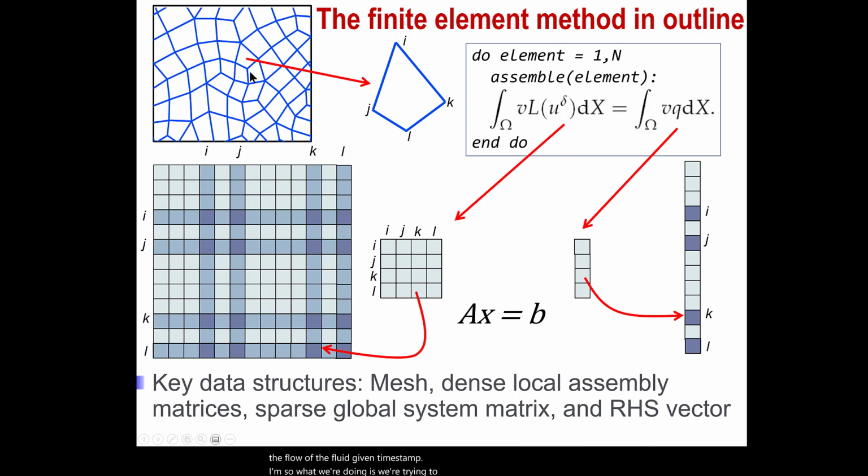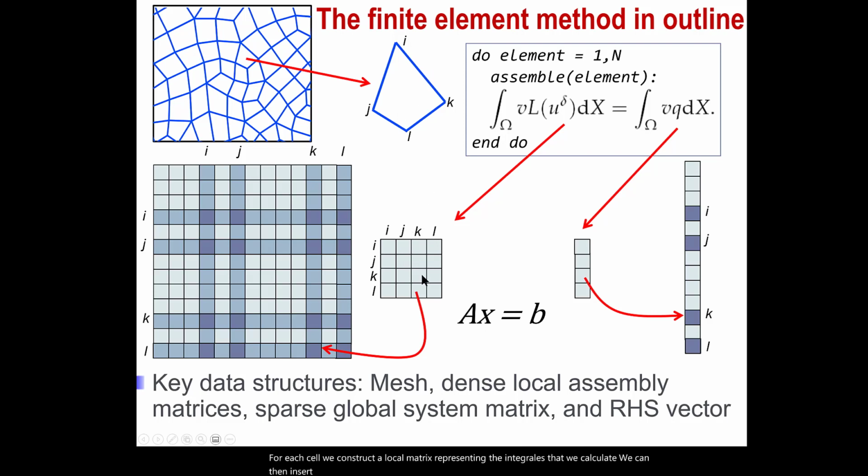So what we're doing is we're trying to find a way to make a continuous thing finite with a mathematical framework based upon a theory that tells us how to evaluate the state of the flow at any given point using an interpolation, perhaps, and a polynomial interpolation across the body of fluid inside the cell. So what we do is for each cell, we construct a local matrix representing the integrals that we calculate.